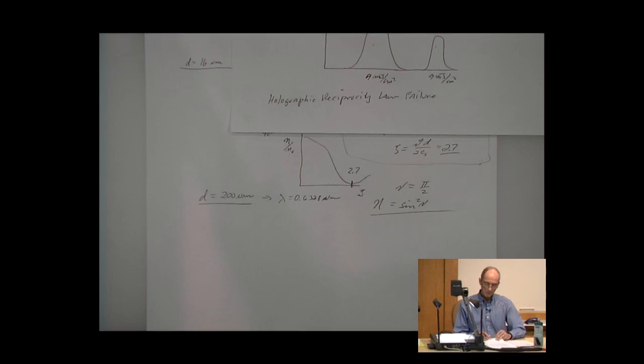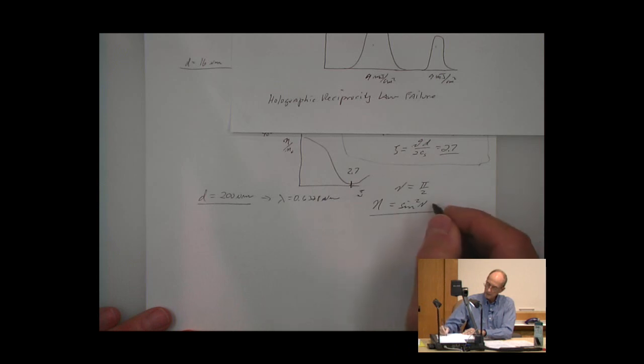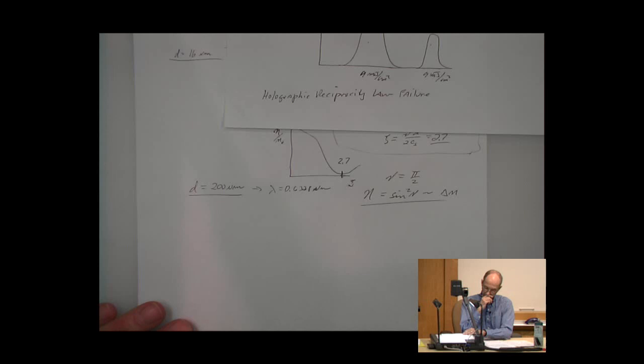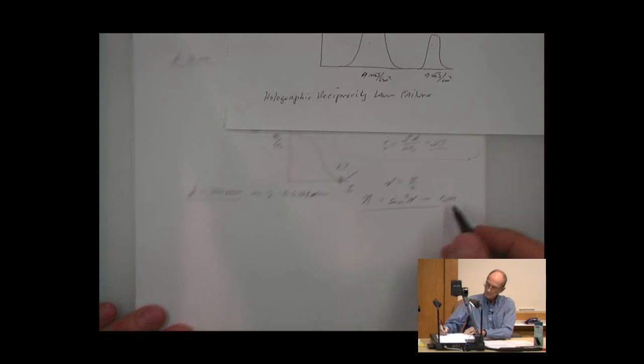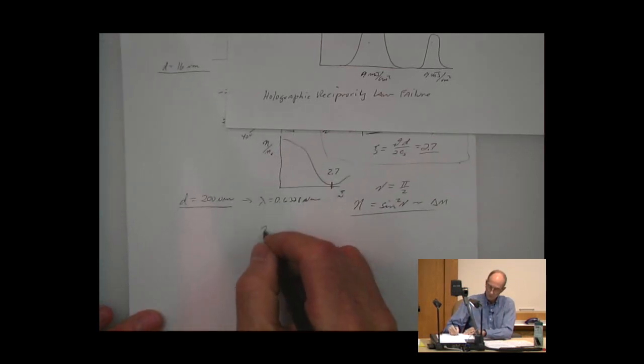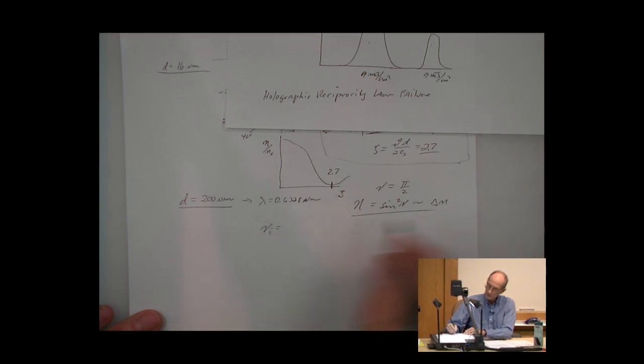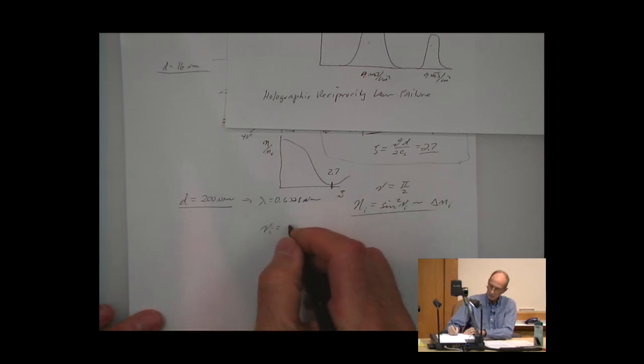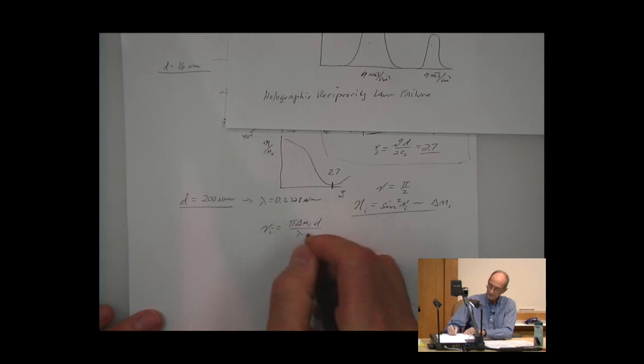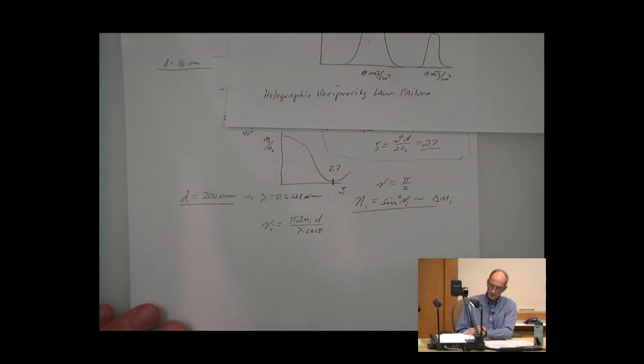All right. So there is this efficiency that we have. Again, this is related to the delta n, the index modulation, where again the nu sub I that we have, say, for each hologram. So if we had multiple holograms here, nu sub I is equal to pi delta n sub I d over lambda cos theta.